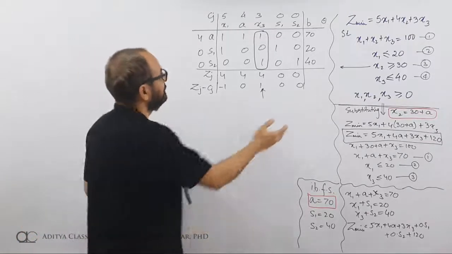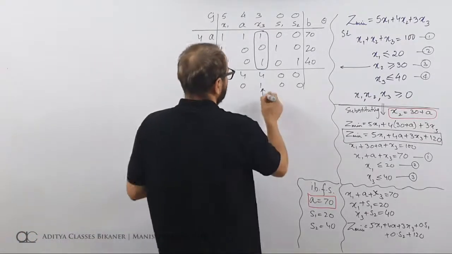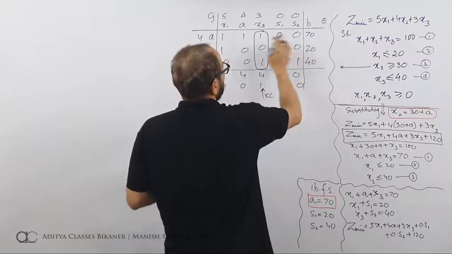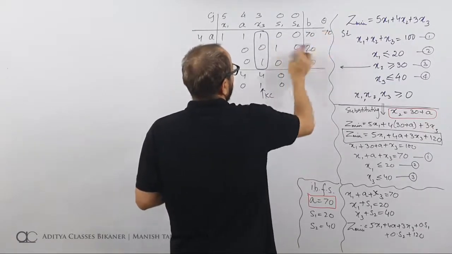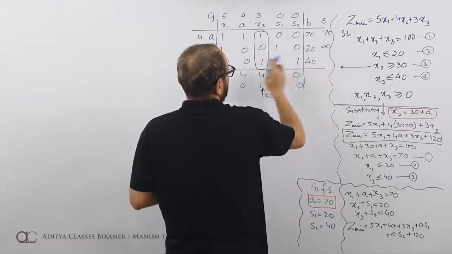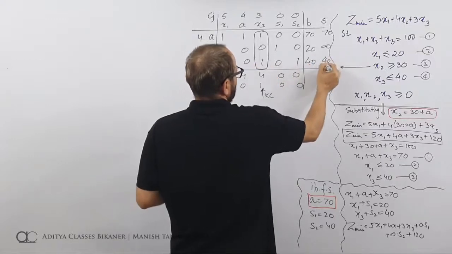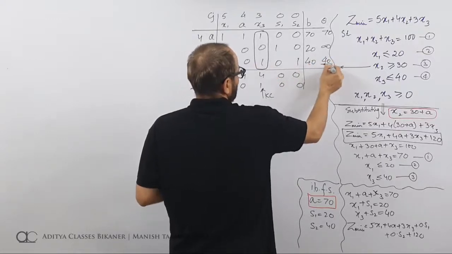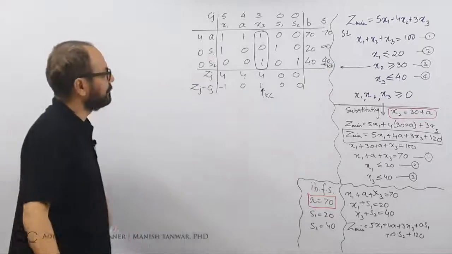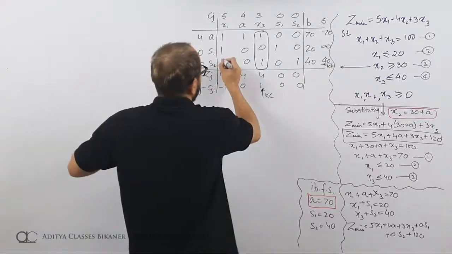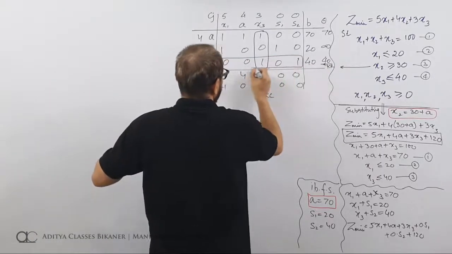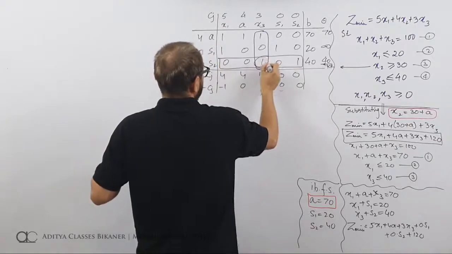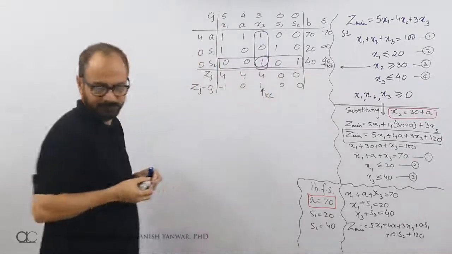If we divide B by key column, 70 by 1, 70, 20 by 0, infinite, 40 by 1, 40. This gives me my key row. So, I have this as key row and this becomes your key element.